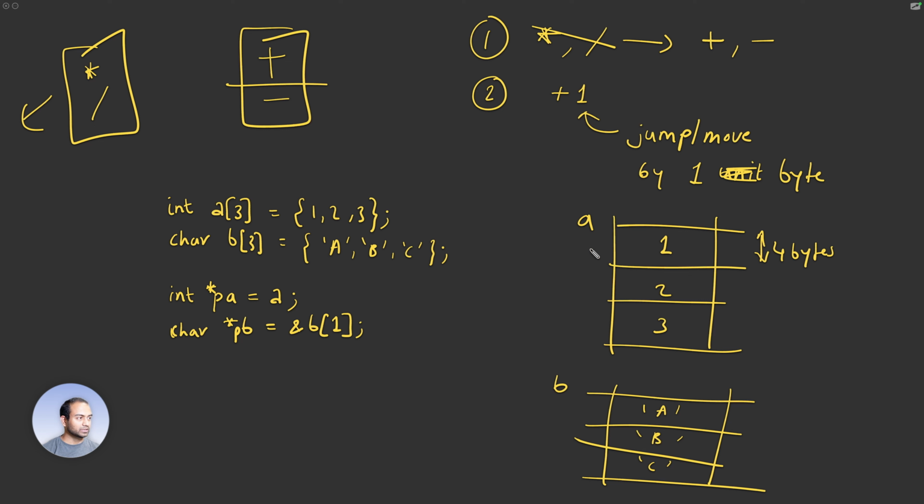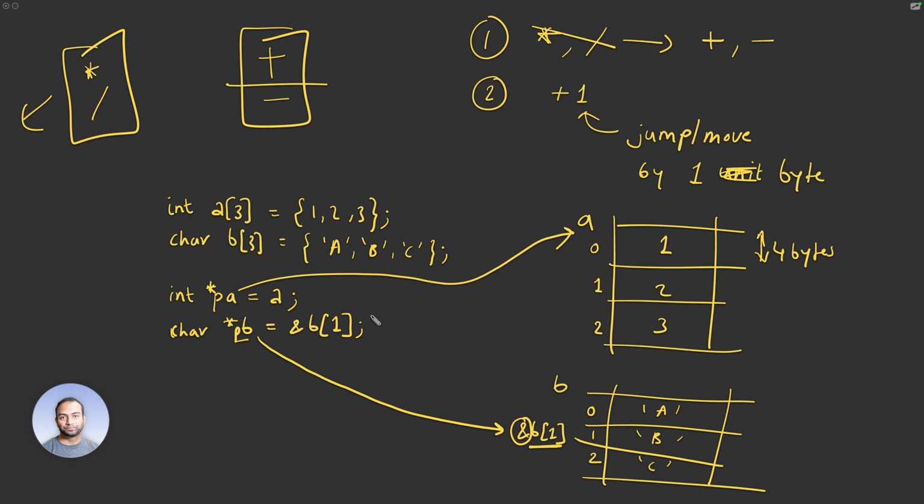This was the 0th element, the first element, the second element. And what we're then saying is, go to the first element of b and get me the address of that and assign pb that value. And this is very specific why we are doing this. So pb is pointing here, while pa is pointing here.